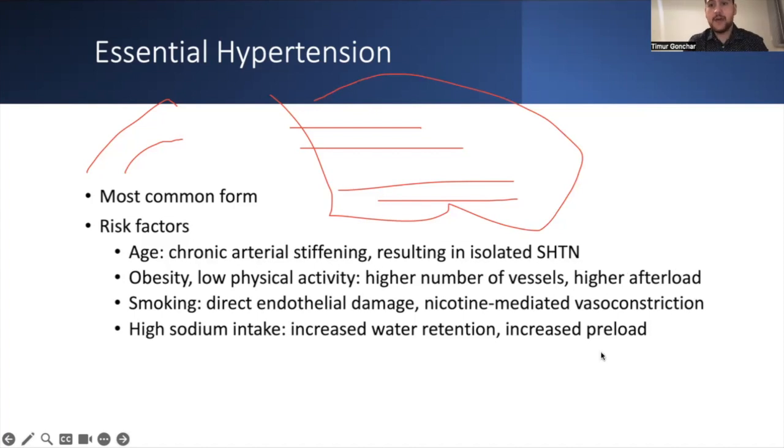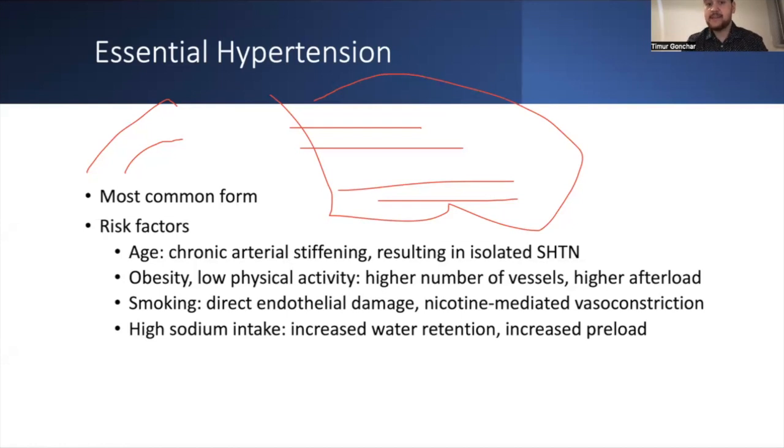Another risk factor is smoking, due to both nicotine-mediated vasoconstriction, which will also elevate afterload, and due to direct endothelial damage. Another risk factor is basically a nutritional one.